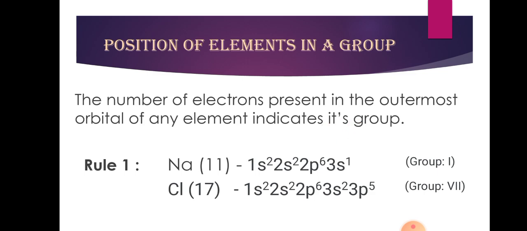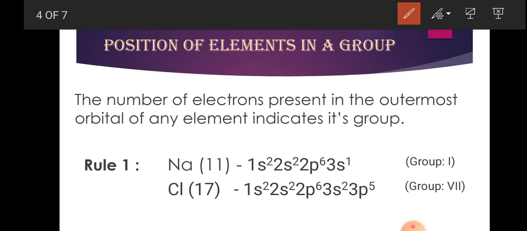So, sodium is the element of group 1. Now, another example, for chlorine, the outermost s and p orbital contains 7 electrons, and that's why chlorine belongs to group 7.